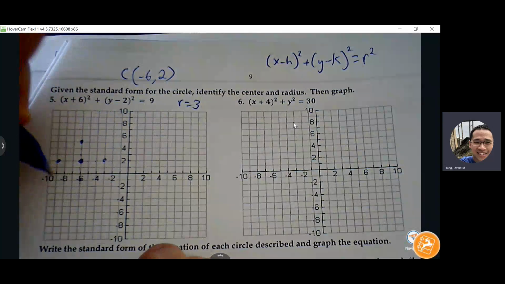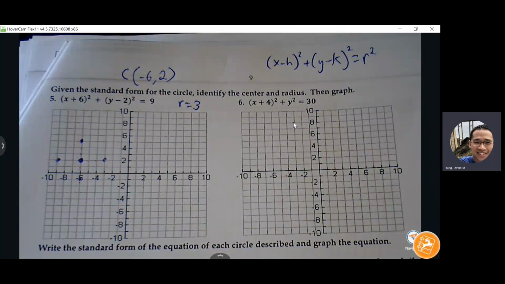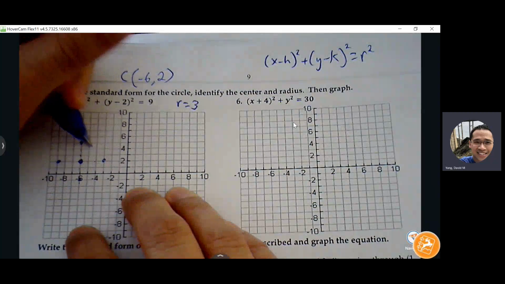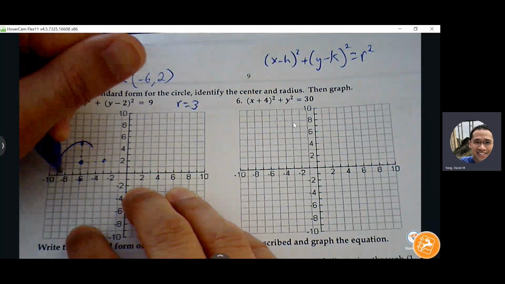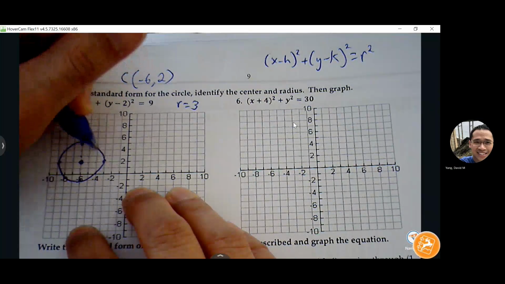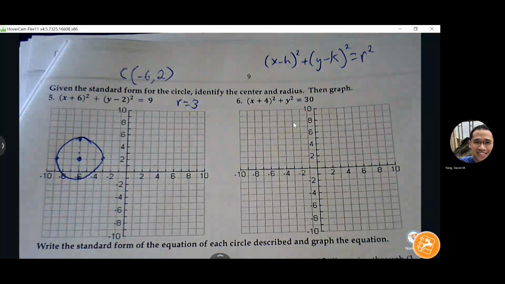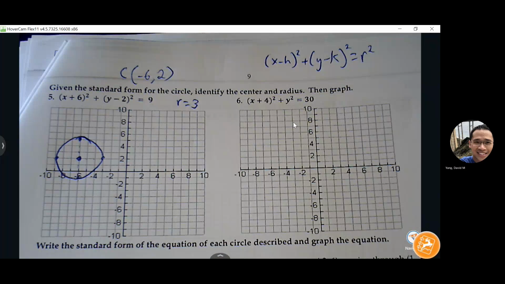So my circle will just go through those 4 points. I'll just try my best to draw a circle that will hit all those points. Okay. Any questions with 5?